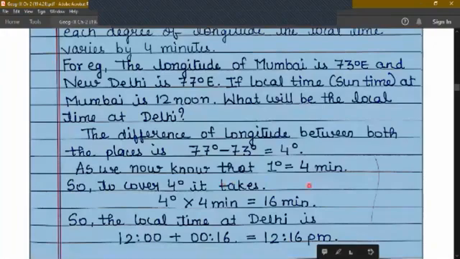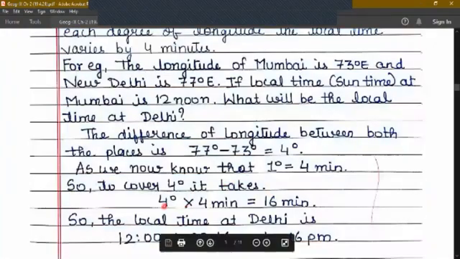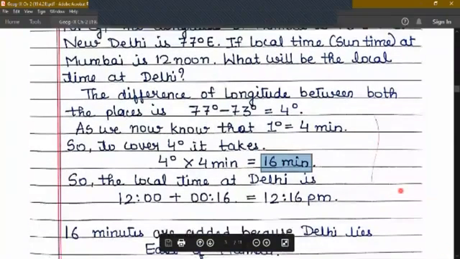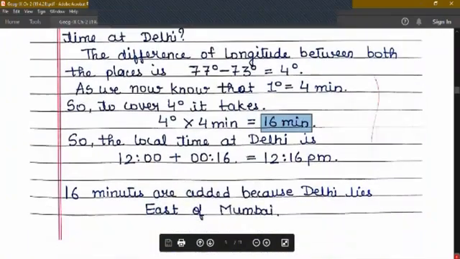So to cover 4 degrees, it will take 4 into 4, that will be overall 16 minutes. So the local time at Delhi is 12 plus 16 minutes, that becomes 12:16 p.m. 16 minutes is added because Delhi lies east of Mumbai.